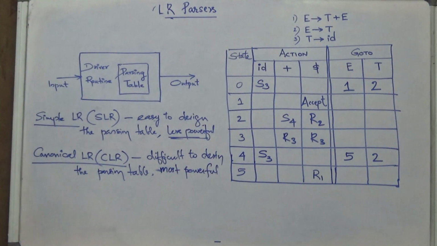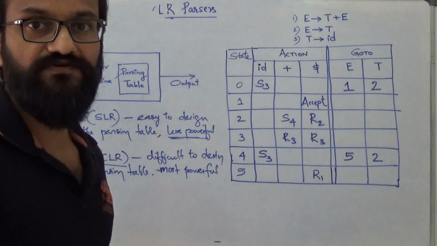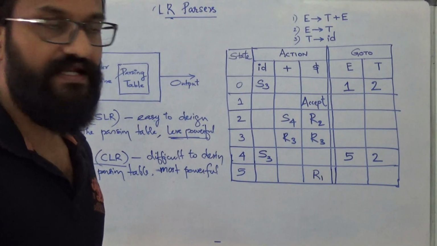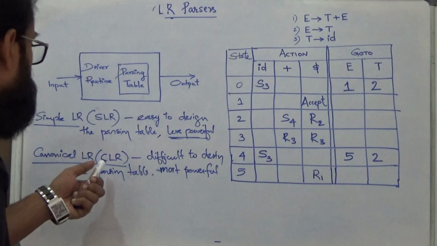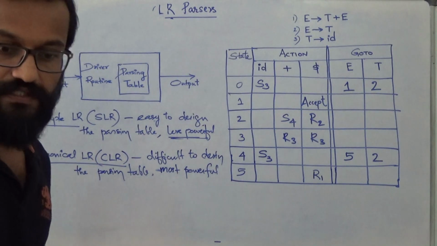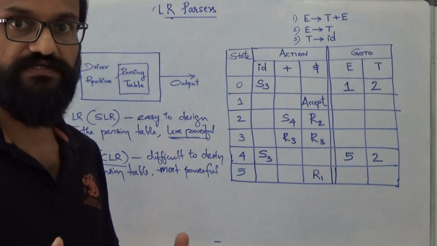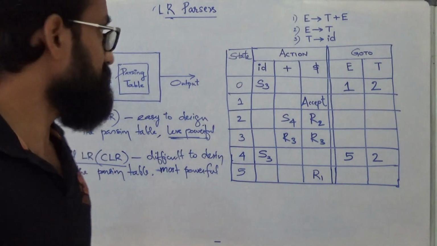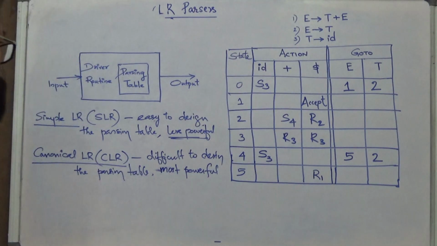Most powerful in the sense that for almost all classes of languages you can construct a canonical LR parser, and the class of programming languages is very big as compared to the other categories.